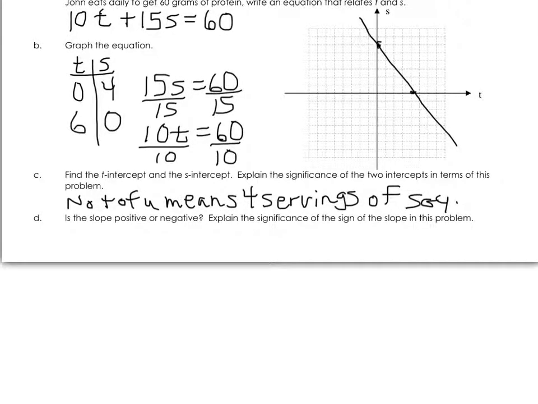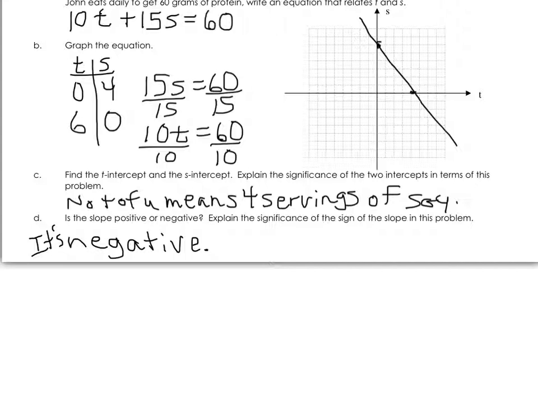Is the slope positive or negative? That's a negative slope. It's negative. Explain the significance of the sign of the slope in this problem. It's decreasing.